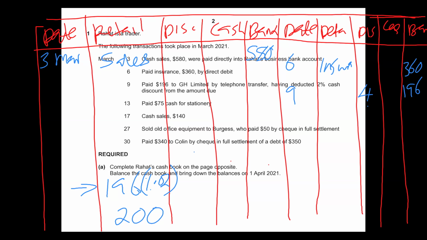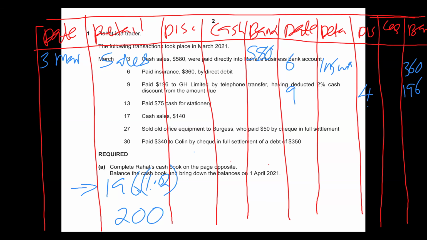I repeat. When you are finding such a transaction where they had already deducted the discount, first of all, find out how much it was before they had deducted the discount. And how to do it, I've shown you, is to take the amount they paid after the discount multiplied by 1 plus the discount rate in decimals.